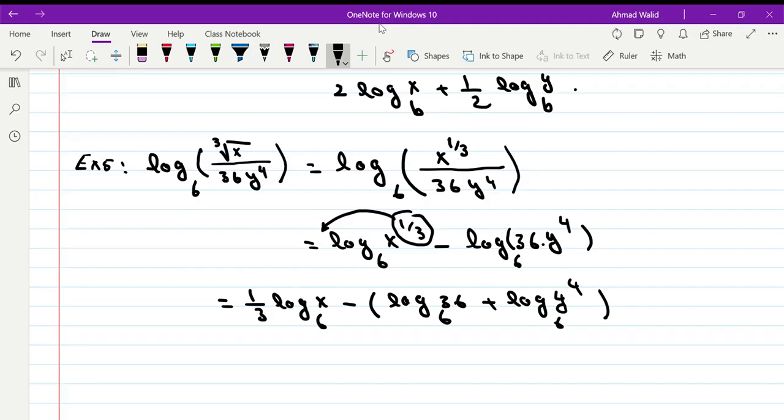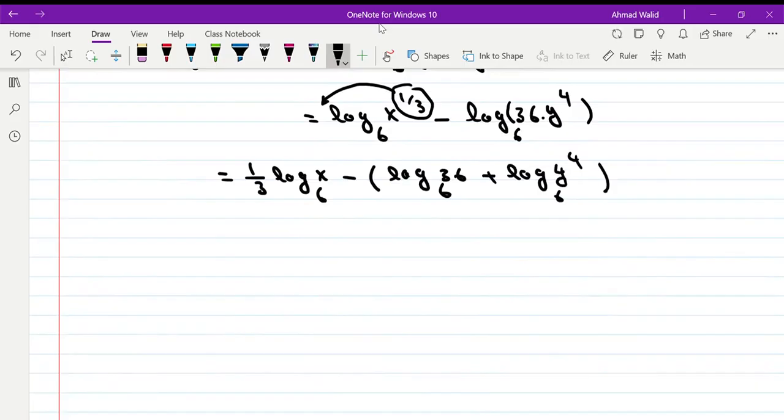Now we have to simplify more, right? Then 1/3 log of x base 6, distribute the negative, minus log of 36. Because my base is 6, I'm trying to write, if it's possible, 36 as 6 to the power of something. 36 means 6 squared, right? Then instead of 36, I will write 6 squared base 6.